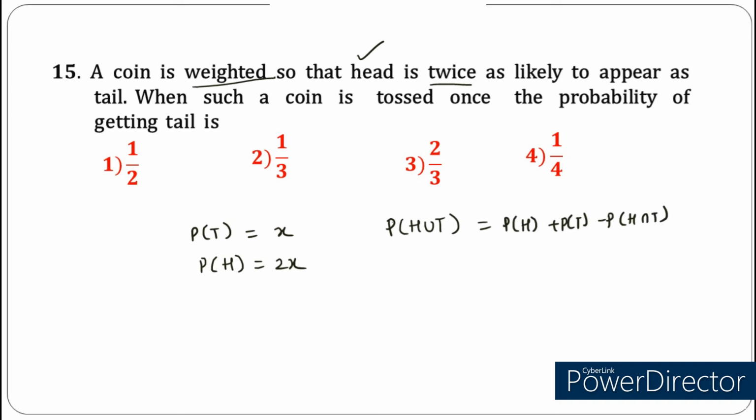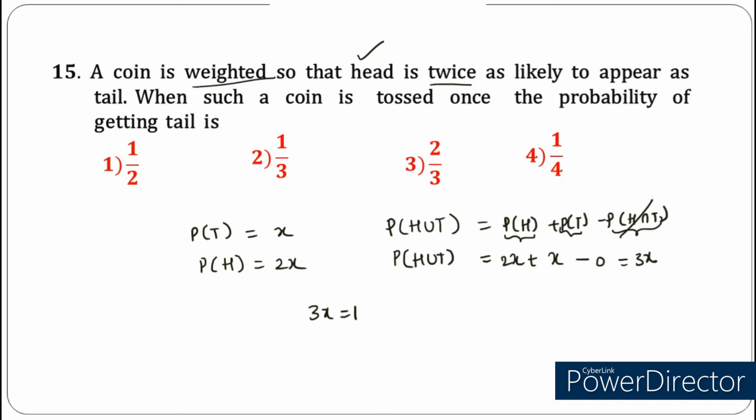So what is P of h union t now? P of h is 2x, P of t is x, minus P of h intersection t, which is nothing but 0. You don't get head and tail together. So this is nothing but 3x, right? And this 3x has to be 1 because these two events are exhaustive events. If you toss a coin, either you will get head or you will get tail.